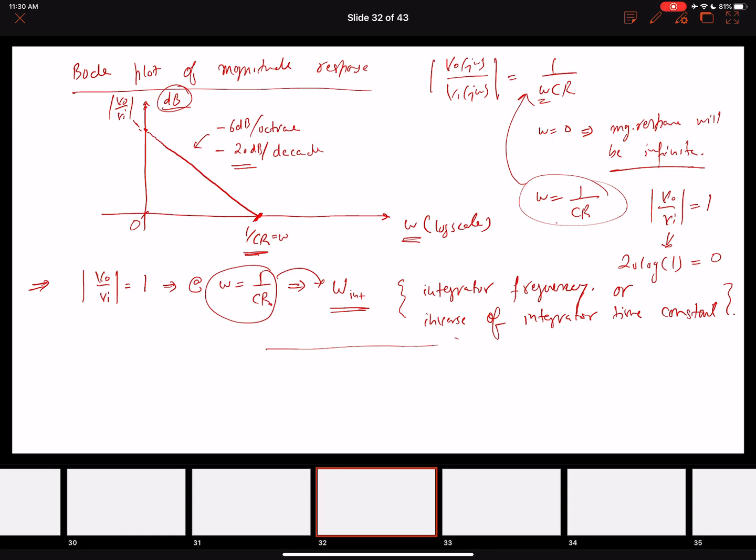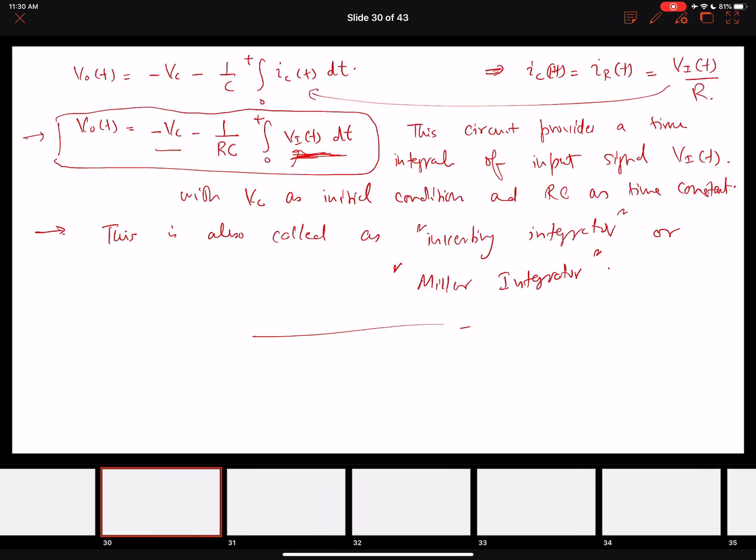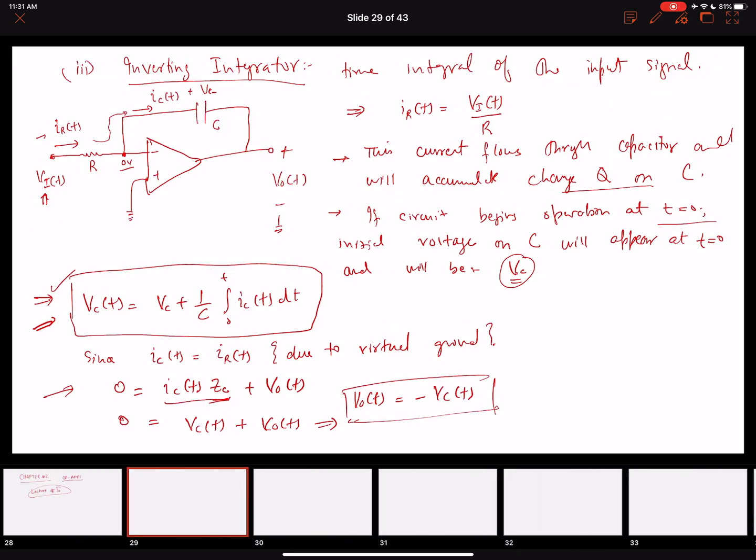Now we are going to see another important concept over here. All right, so let me give you a quick summary before talking about that concept. We started with the inverting integrator.